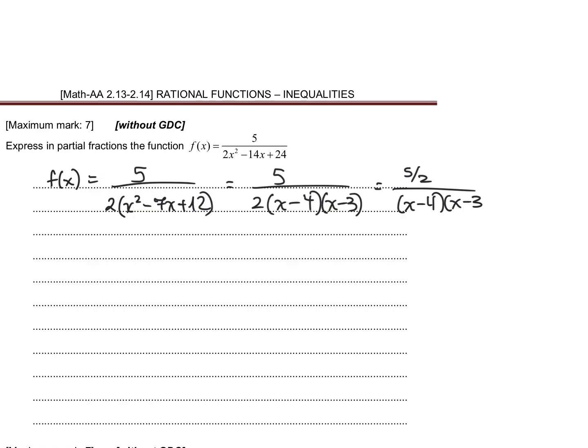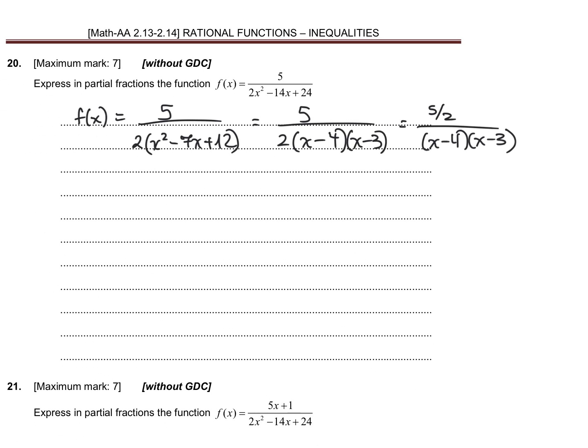So we can split this up. So we're going to have 5 over 2, x minus 4, x minus 3 can be written as a over x minus 4 plus b over x minus 3. So we'll make the same denominator.